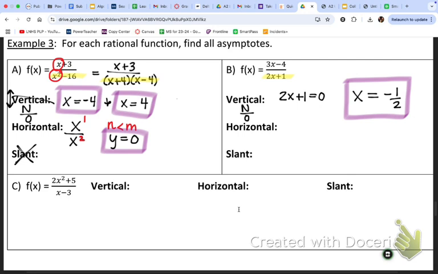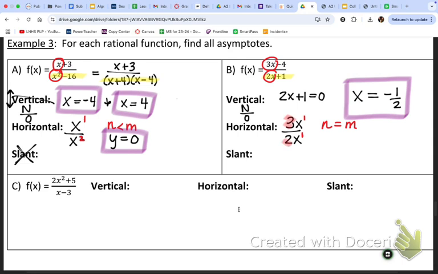Okay, and now we check the exponents to see, okay, what is my horizontal asymptote? You just look at the first term. So I'm not going to bother with the rest of it. It's 3x over 2x. What are the exponents here? 1 and 1, which are the same. So we say n is equal to m. And when that happens, you just divide the coefficients.